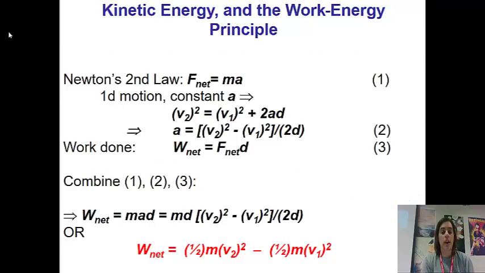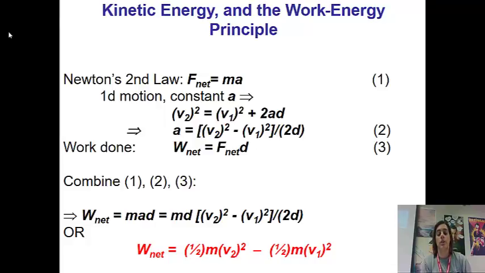So if we look at Newton's second law, F equals ma, and we also go back and look at our kinematic equations, v2 squared equals v1 squared plus 2ad, right? And we solve for a. We also know that the net work done is equal to the net force times the distance.